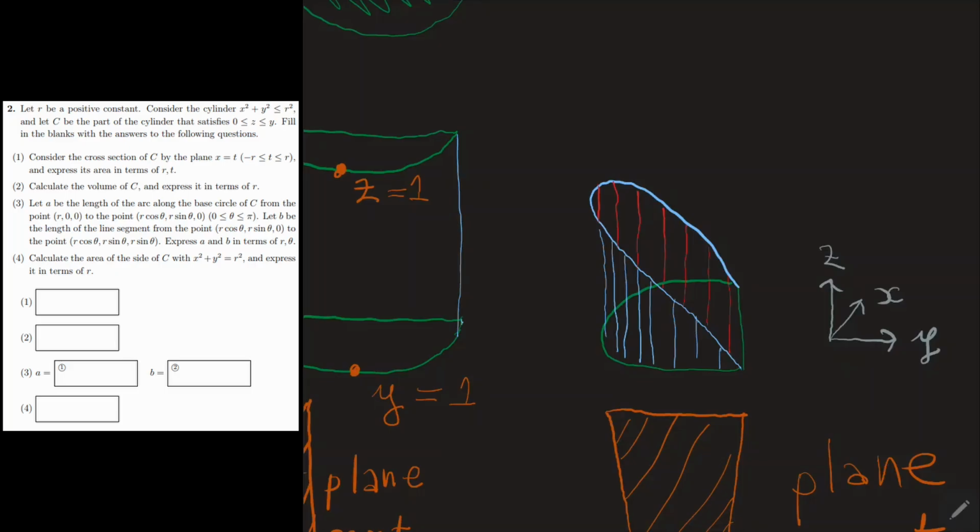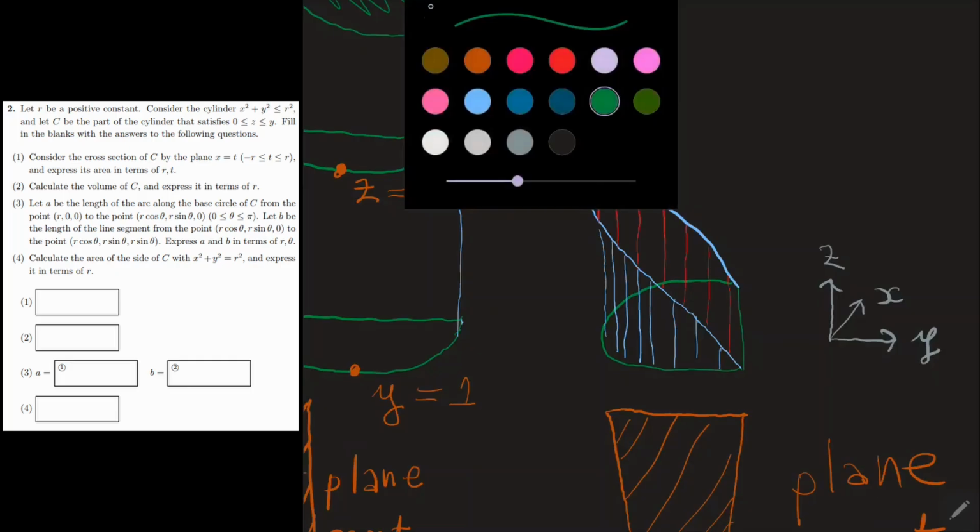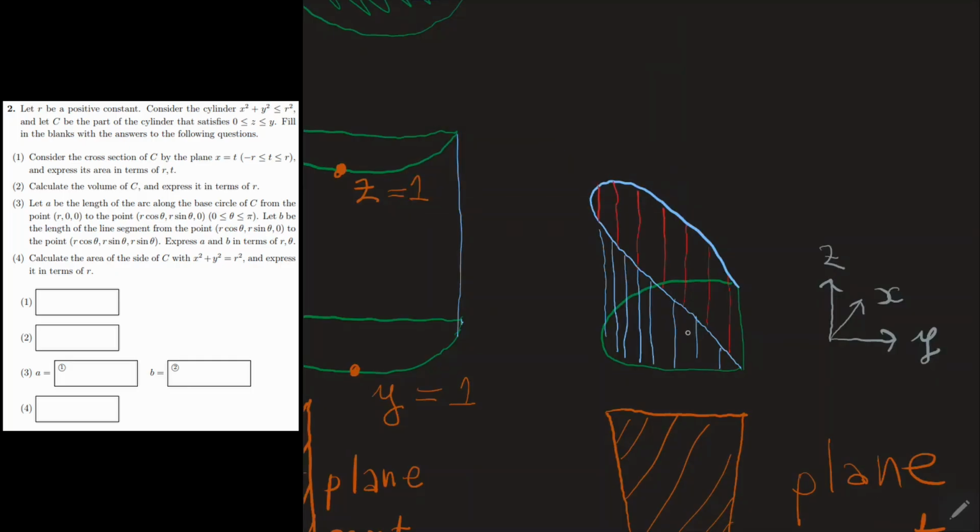So our base is half of a circle, and then you can say that the roof of our cylinder is slanted like this. And the height of this roof at any point is equal to the y value at that point. So for example, let's say this point right here, at the base, is a distance of 2 in the y direction, right?